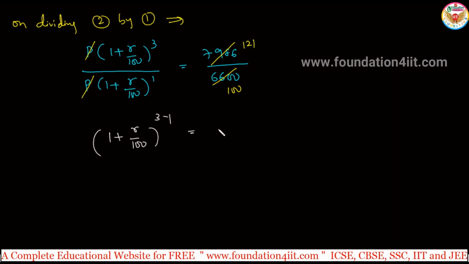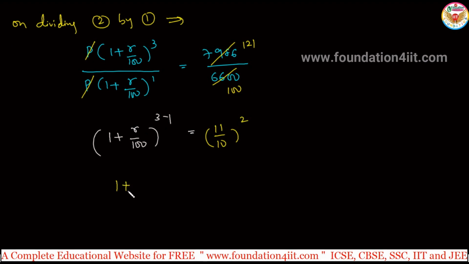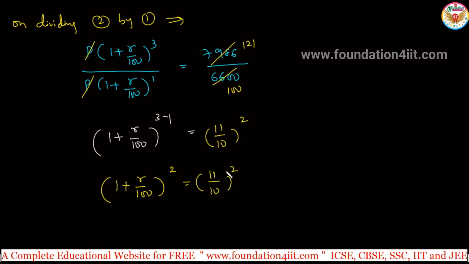Now 121 by 100 you can write as 11 by 10 whole square. 121 is 11 square, 100 is 10 square. 3 minus 1 is 2. So finally we got 1 plus R by 100 whole square is equal to 11 by 10 whole square.